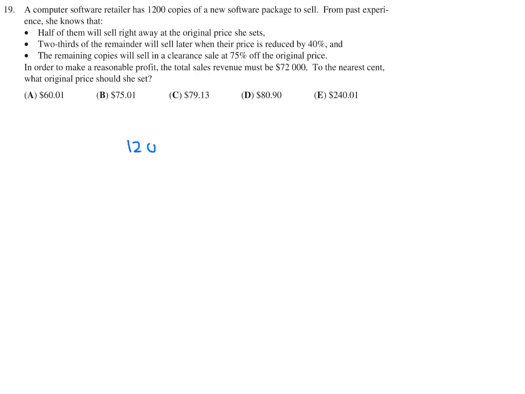So 1,200 copies is what you have originally. And then scenario 1 is half of them, so 600 of them, sell at a certain price. So we'll call the price P, because I don't know. The next scenario is 2/3 of the remainder. Well, we started with 1,200. We're trying to sell 600 at the regular price. So the remainder is 600, and we want 2/3 of that.